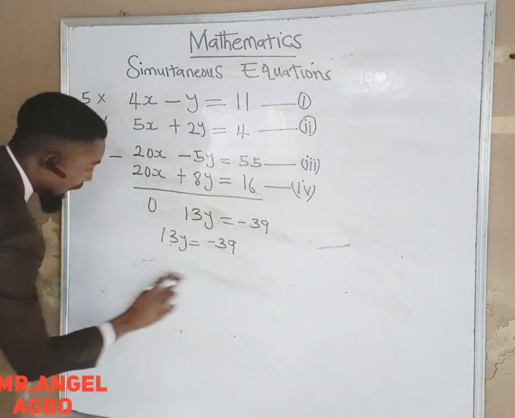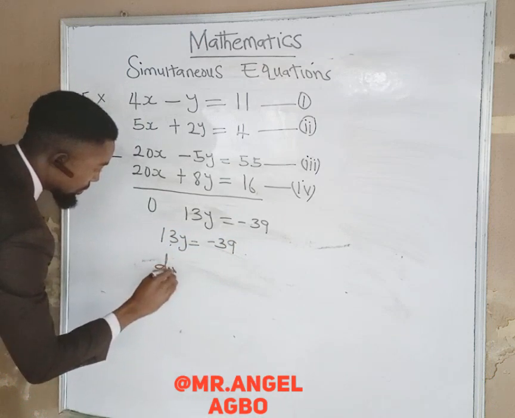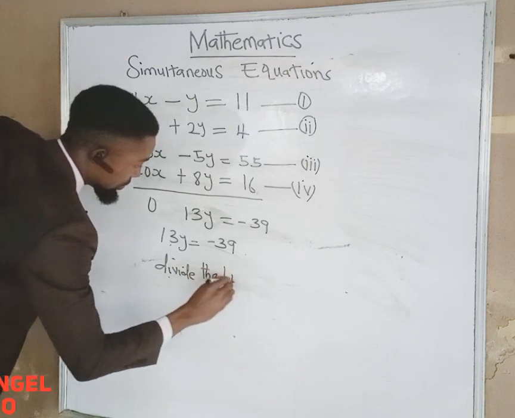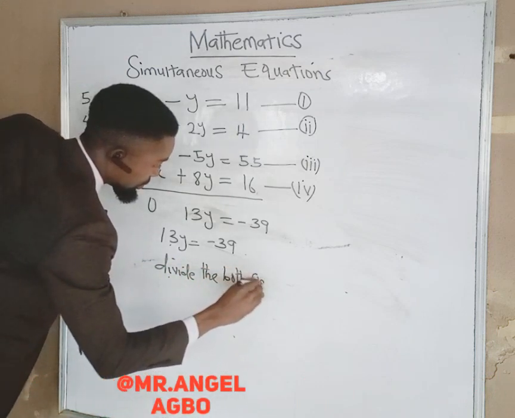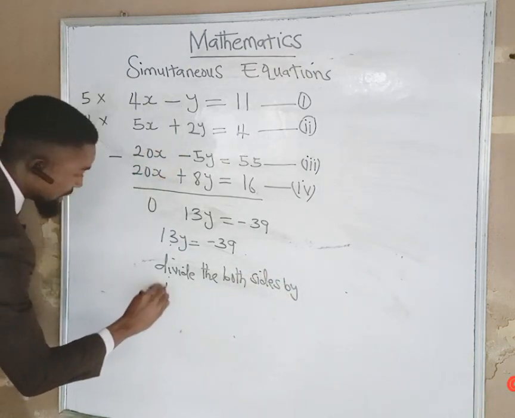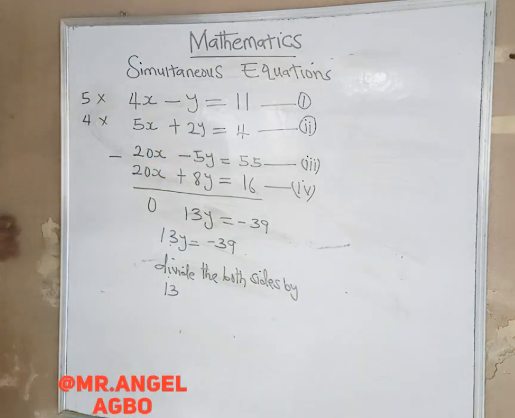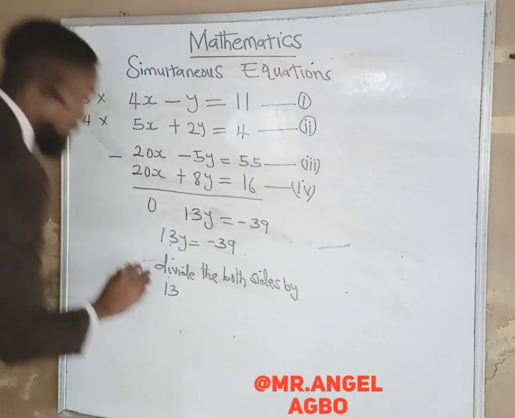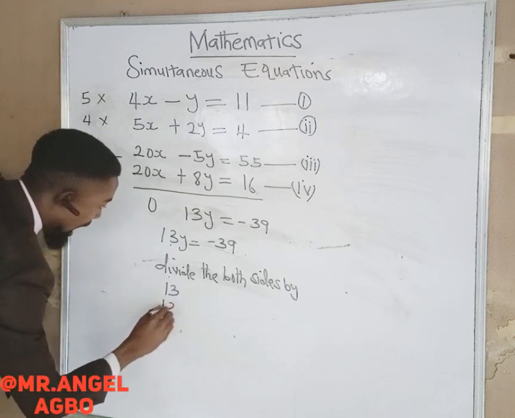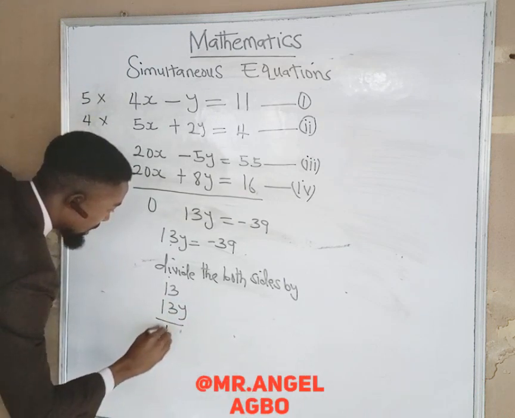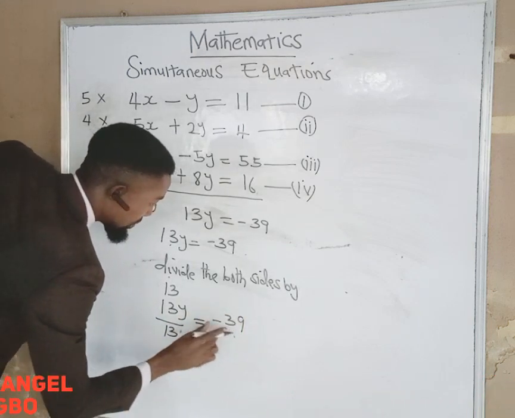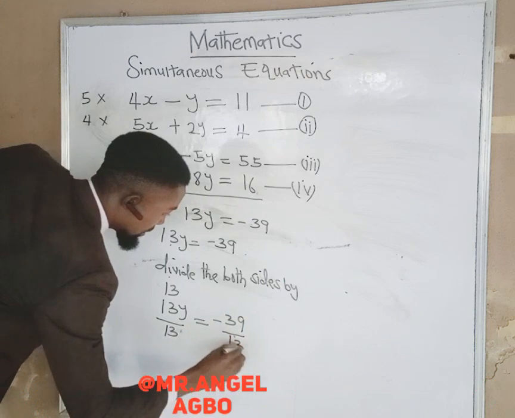We divide both sides by 13. So if you divide both sides by 13, we have 13y divided by 13 equals minus 39 divided by 13.